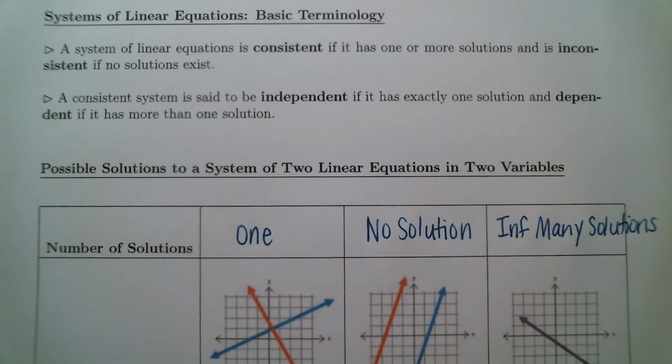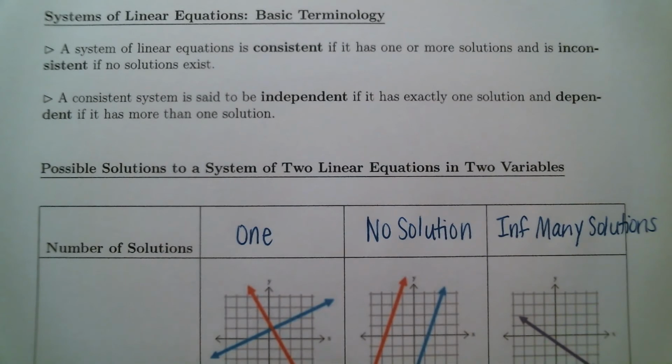A consistent system is said to be independent if it has exactly one solution and dependent if it has more than one solution. Notice to use the terms independent and dependent, the system has to be consistent. It has to have a solution.